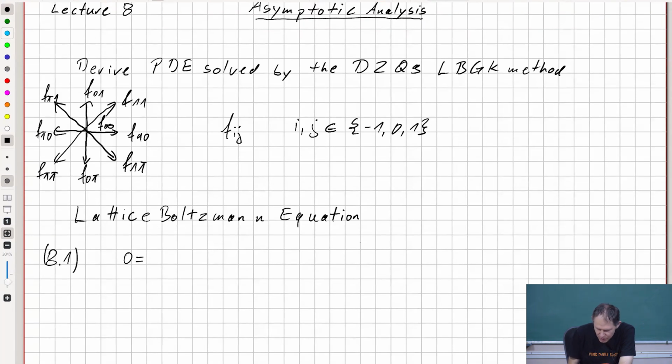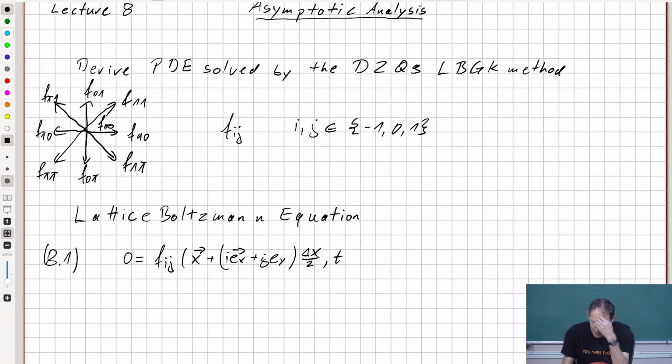We put everything on one side. So 0 is f_ij. So this is the before collision state, at x plus i e_x plus j e_y, and this we multiply with a half step in space, delta x half.